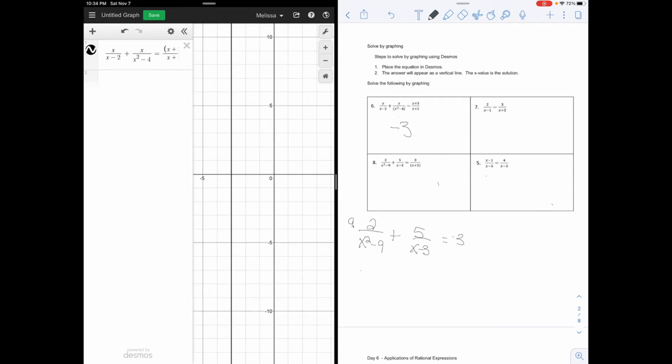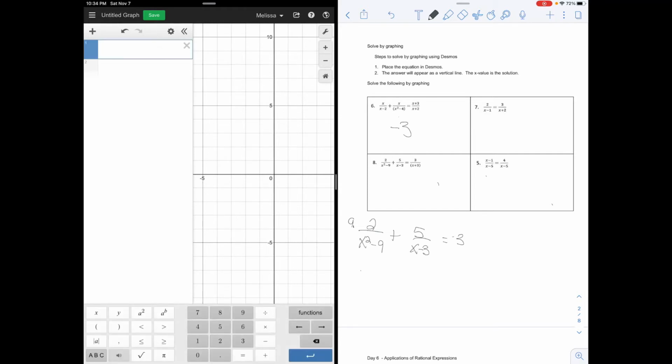Alrighty, let's do number 7 here. Clear that. And we have 7 divided by x minus 1, and that's equal to 3 divided by x plus 2.